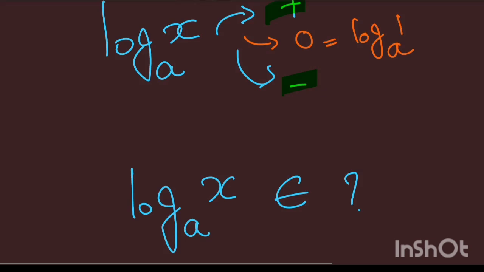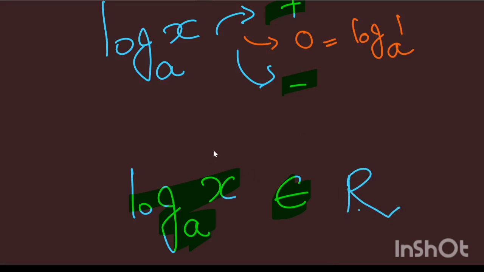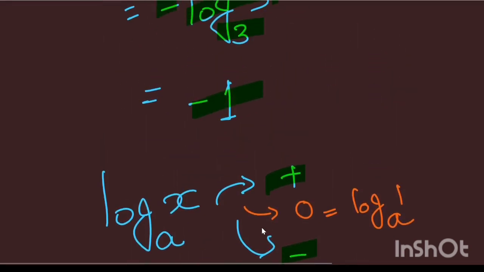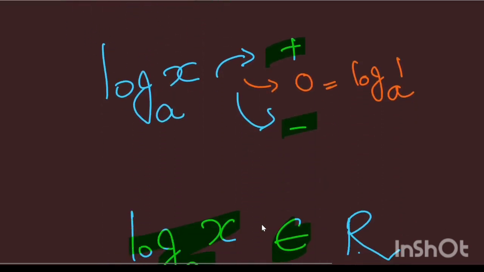So we can say that log x belongs to the set of all real numbers, minus infinity to plus infinity, because the bigger the value of x you put, the bigger the value you get when the base is greater than 1.